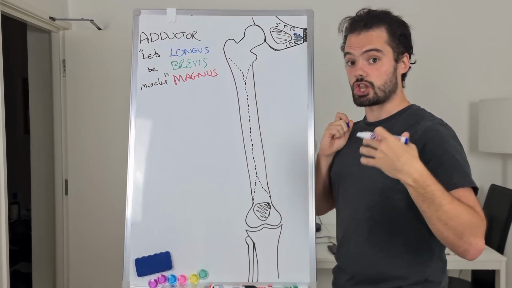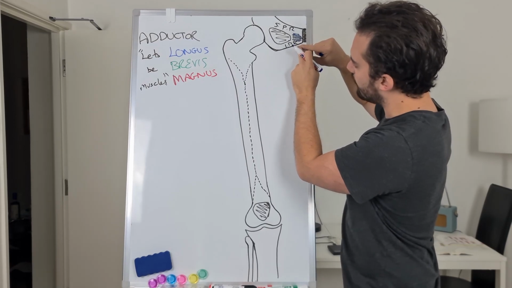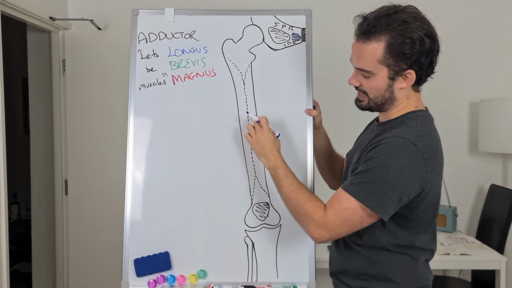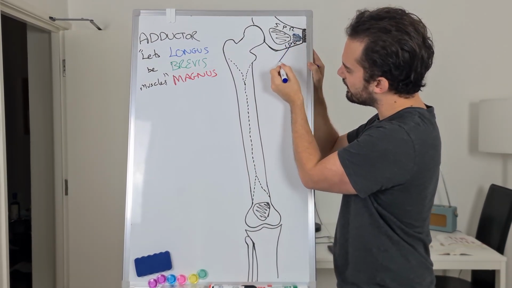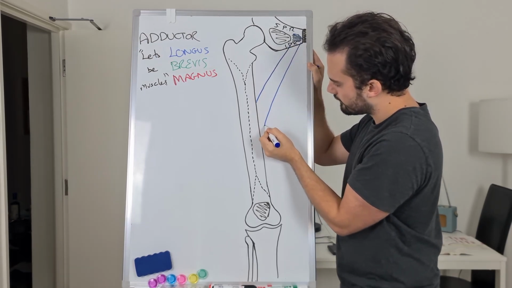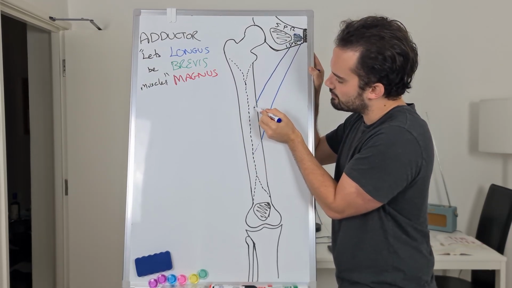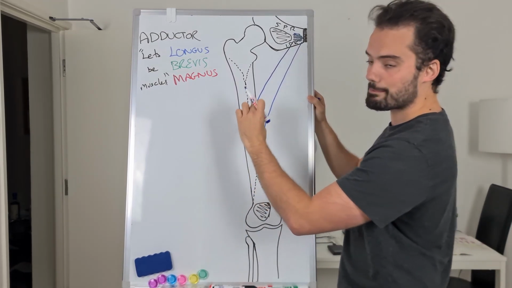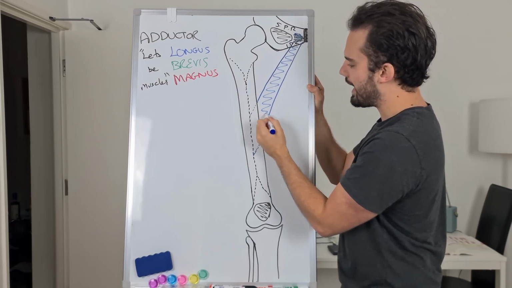And then, because it's the long muscle, adductor longus is going to go all the way down to about the middle third of your linea aspera. It will then go behind the femur to insert onto the middle third of your linea aspera. Adductor longus.